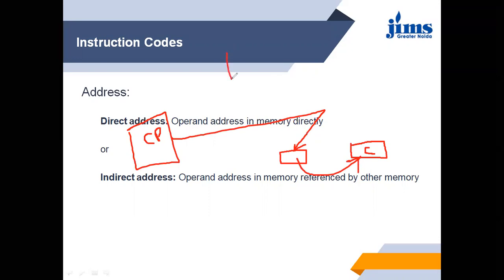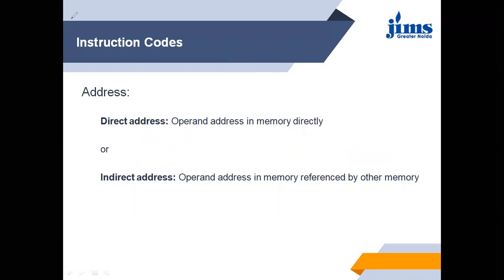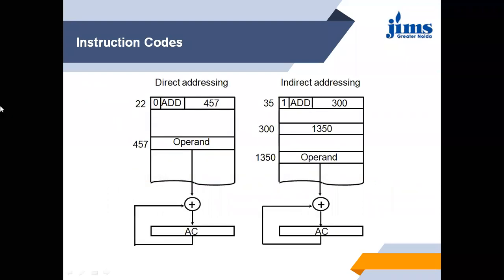And in direct mode, suppose this is a CPU, then it accesses the opcode or the data value at the location that is connected directly with it. This is the direct and indirect addressing mode. You can see from here also, it will be more clear.